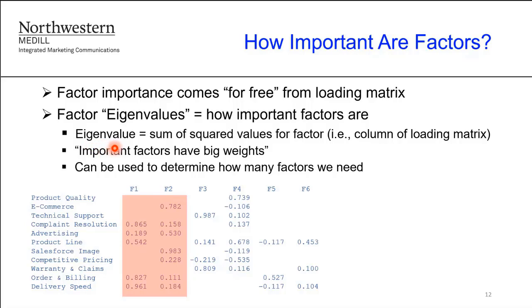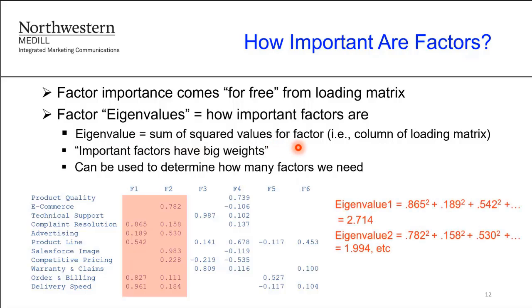Eigenvalue is the sum of squared values for a factor. For example, for the eigenvalue of factor 1, we square all the values under F1 and add them up.